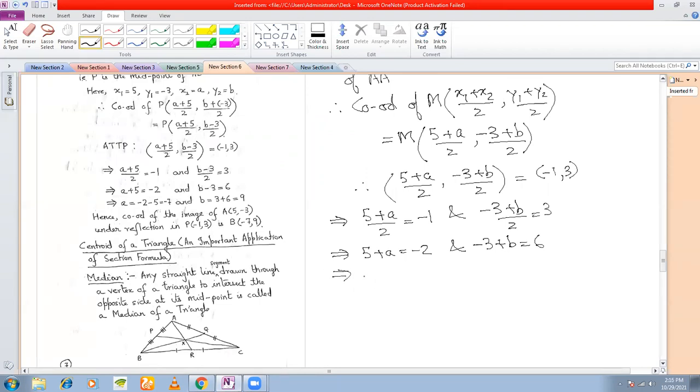So we have here A is equal to minus 2 minus 5, which is minus 7, and B is equal to minus 3 plus 6, which is equal to 3.